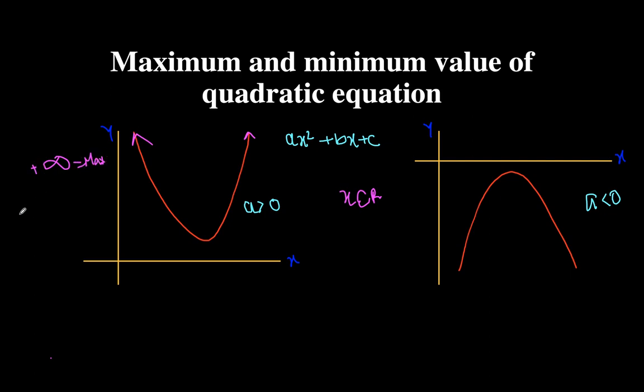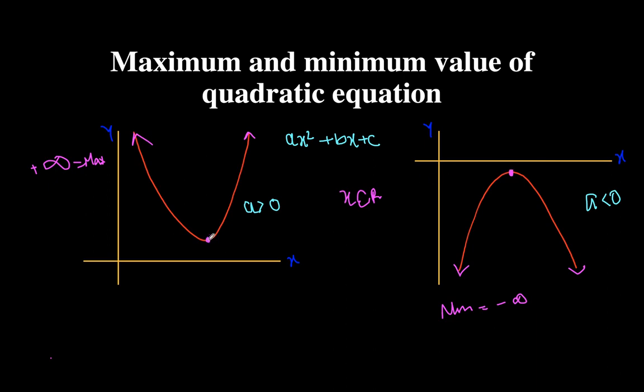Now, you'll get the minimum value at the vertex, and that you have to calculate. Now if you look at the downward graph, your minimum value is already defined. So your minimum value here is minus infinity, and again here your vertex decides the maximum value.